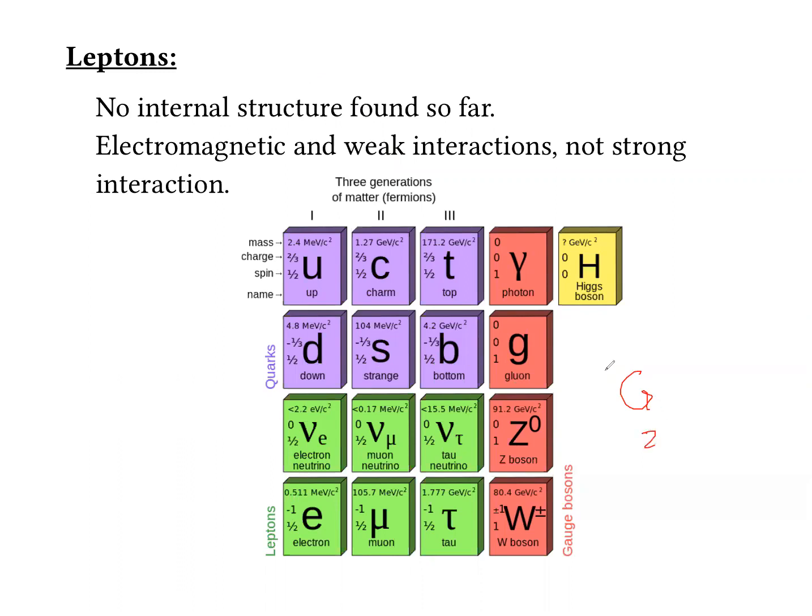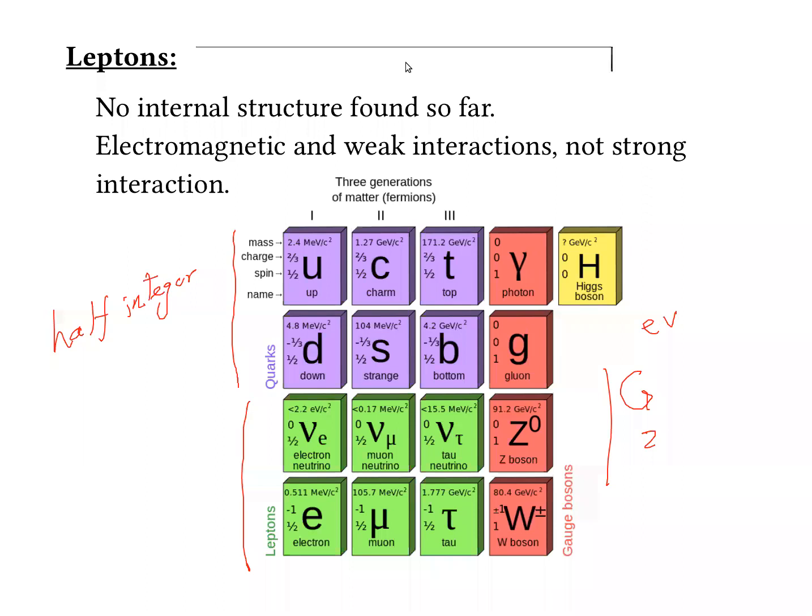So one kind has half-integer spin, and the other has integer spin. The particles with integer spin happen to be the force carriers, and those are called bosons.